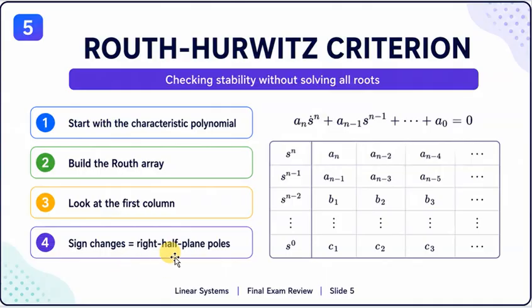We take the characteristic polynomial and build a table called the Routh array. So we only look at the first column. The number of sign changes in this column equals the number of unstable poles in the right half plane.